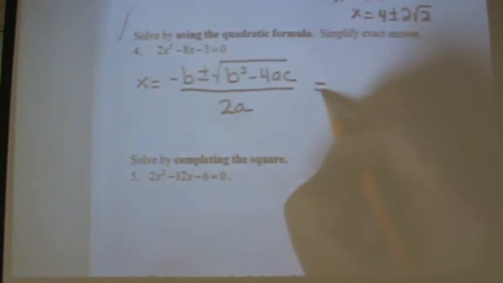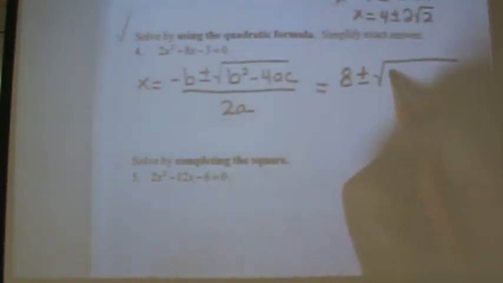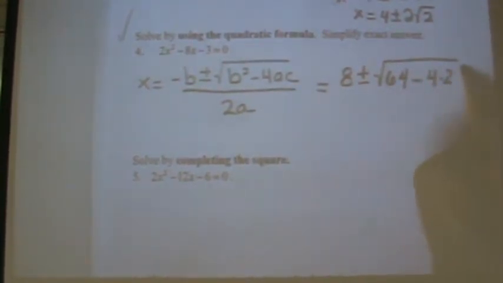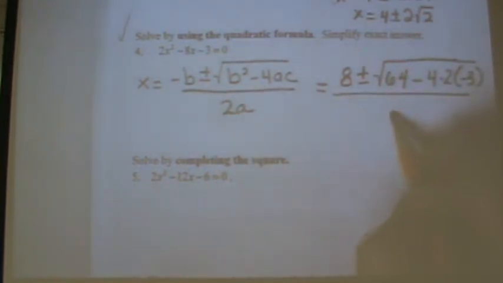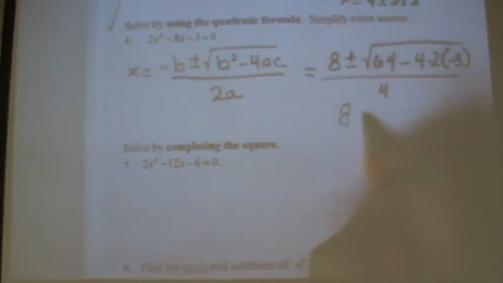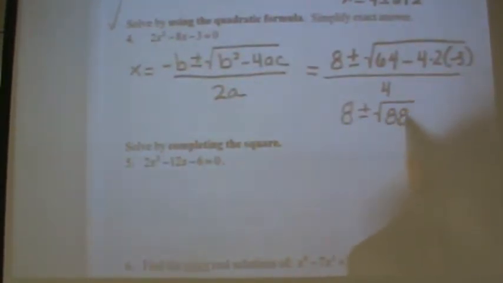So you get 8 plus or minus the square root of 64 minus 4 times 2 times -3, all over 2 times 2, which is 4. You get 8 plus or minus the square root of 88 over 4.